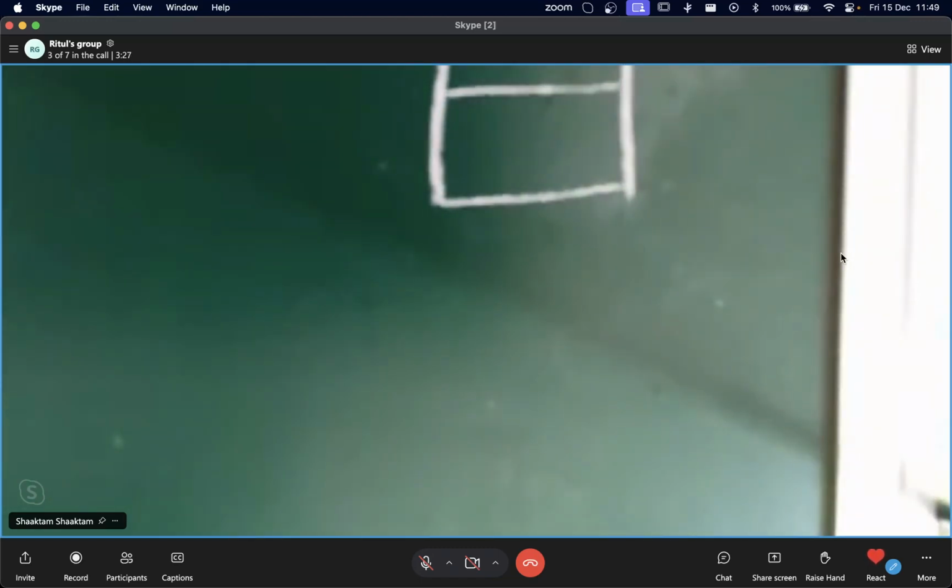Before I go into writing an equation, the other observation which I would wish all of you to be aware of is the distinction between fluid and solid.